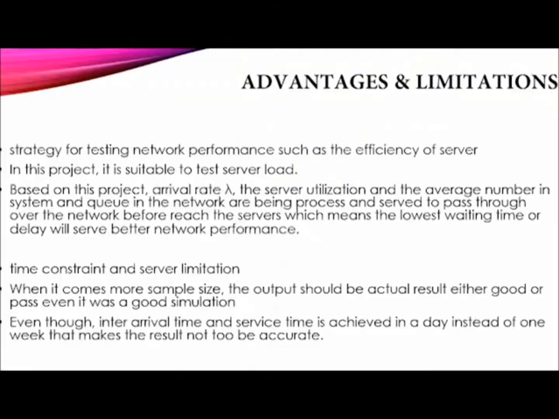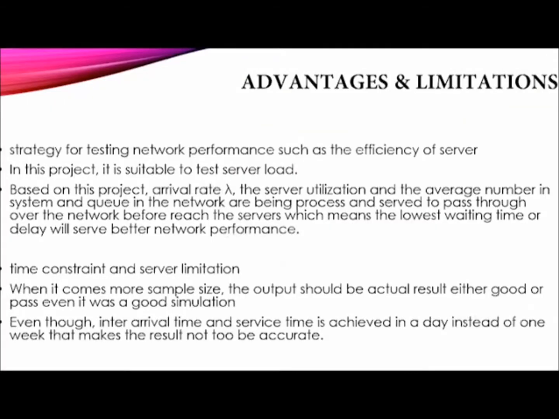So in this project, it is suitable for testing server load. Based on this project, the average arrival rate lambda, the server utilization, and the average number in the system and queue in the network are processed and served as they pass through the network before reaching the servers, which means that the lower the waiting time, queue or delay, the better the network performance.